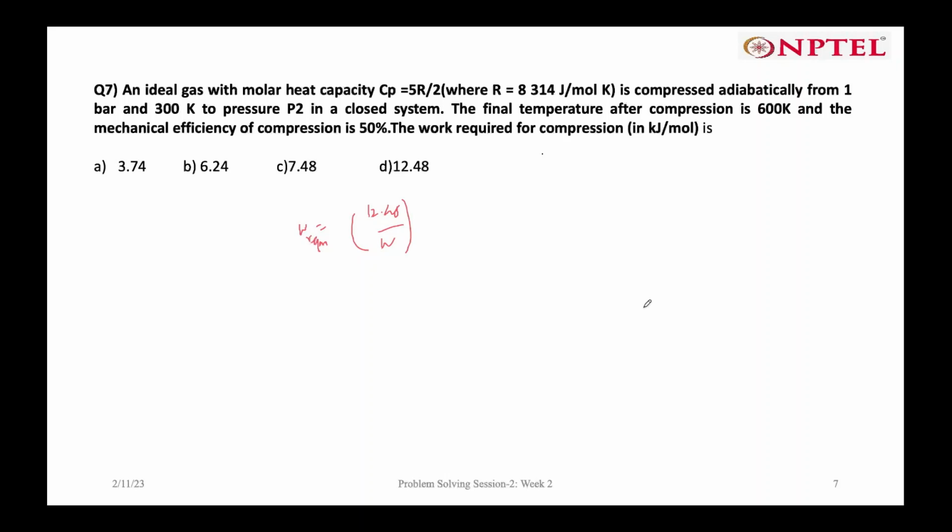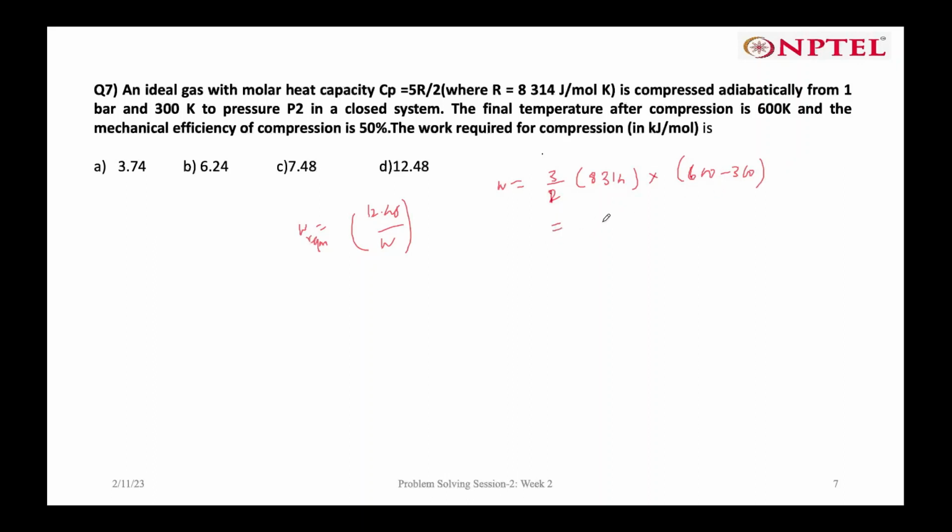Okay. Sorry, one minute. W is equal to 3/2 times 8.314 times 600 minus 300.